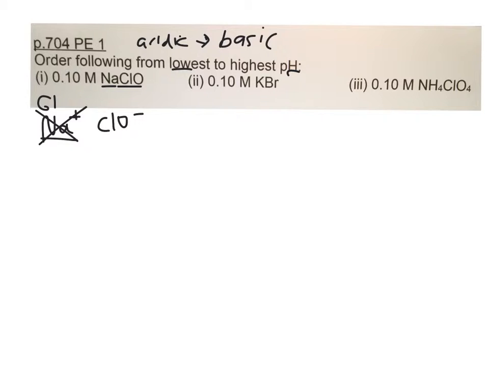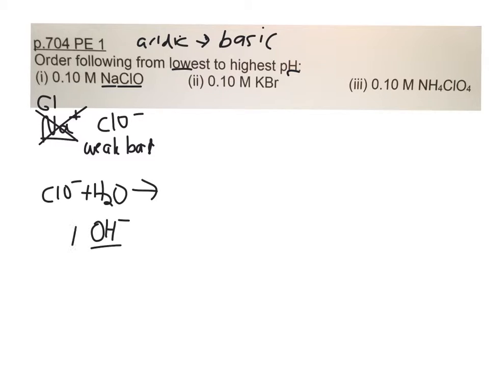But ClO definitely is a weak base, which means it could react with a little water to generate some hydroxide ions. So this means the pH would start to increase on this one. So pH would be pretty high here, or at least higher than normal.